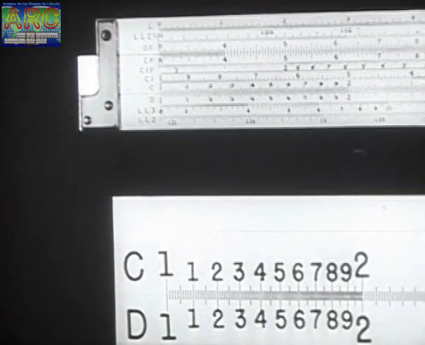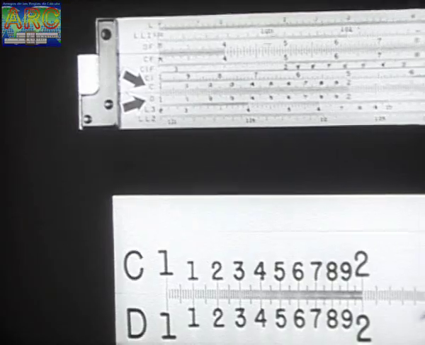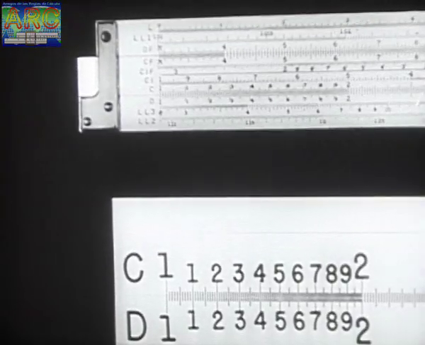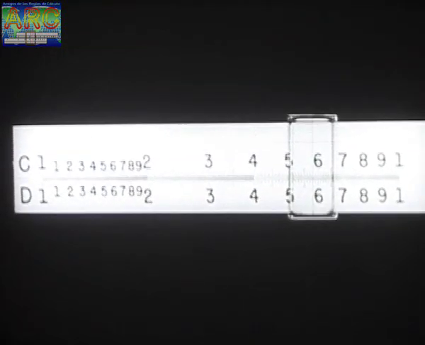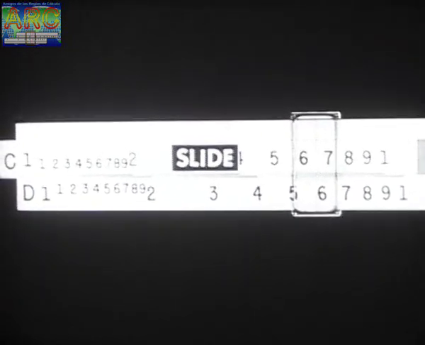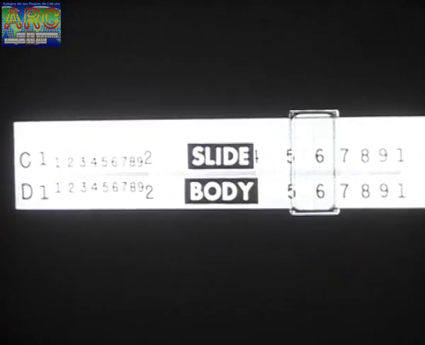On this rule, the C and D scales are exactly the same as on the standard rule, except that the figures are enlarged. As on the standard rule, the C scale is on the slide, which can be moved back and forth. The D scale is on the body of the rule.